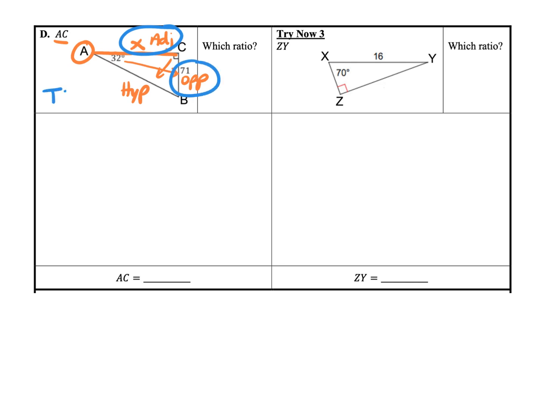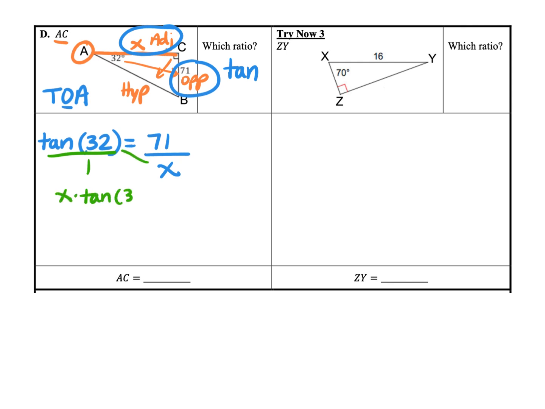And if you look at your SOHCAHTOA ratio, the one that uses O and A is tangent. So we can set up a tangent ratio where we have the tangent of 32 degrees equals O, which is 71, over adjacent, which is X. And now let's go ahead and solve with a cross product. X times the tangent of 32 degrees is equal to 1 times 71, which is 71.